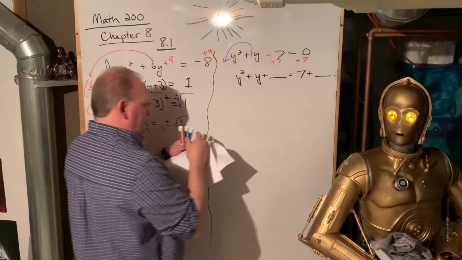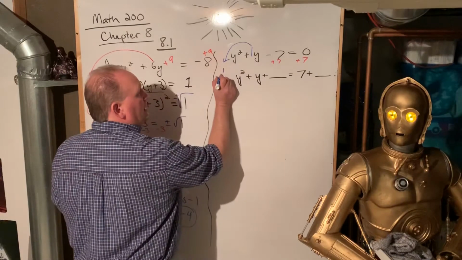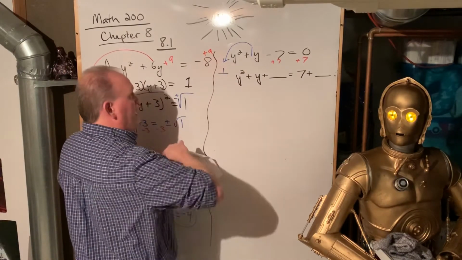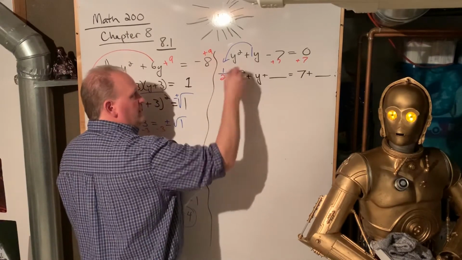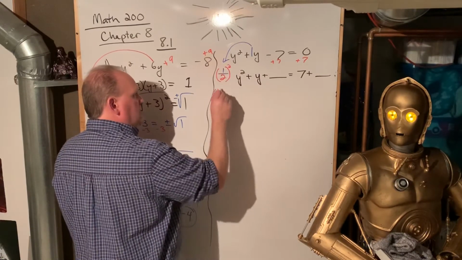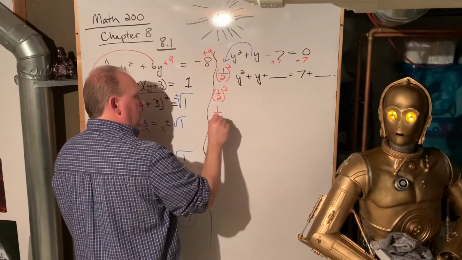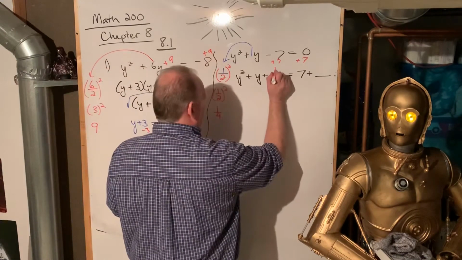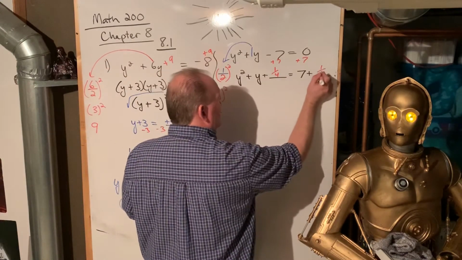Fractions. All right, so look, we're going to have 1, and we're going to divide that by 2. Always the number in front of the y. Cut it in half, square the result. So 1/2 squared is 1/4. So the magic number here is 1/4. That's not very magical.